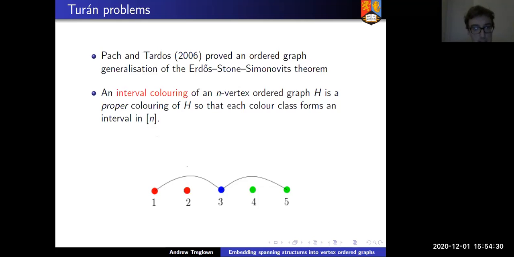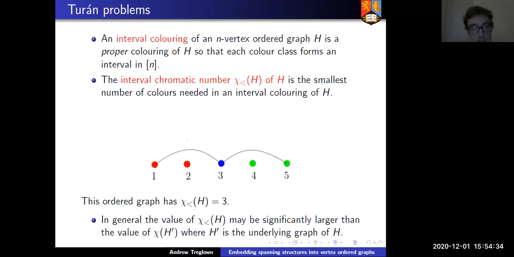That is an example of an interval coloring using three colors, and actually it's easy to see that it has interval chromatic number exactly 3, that you can't use two colors in this case.